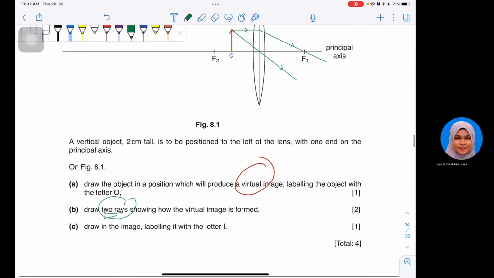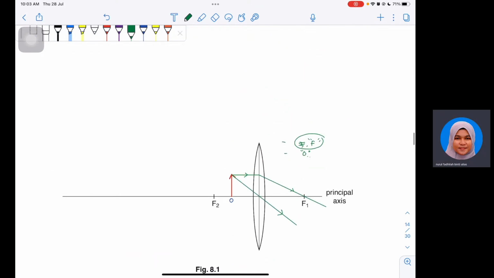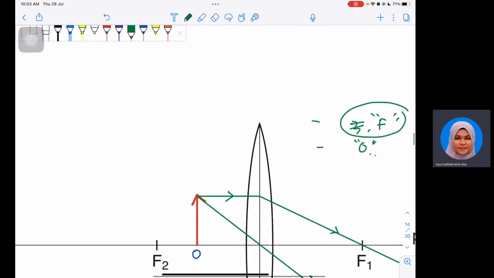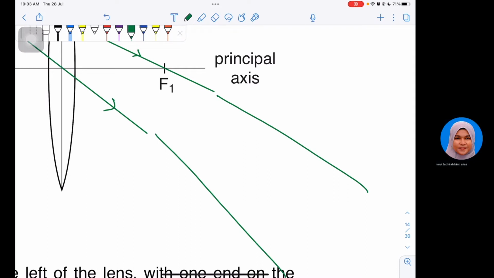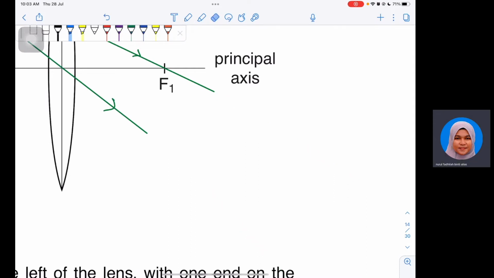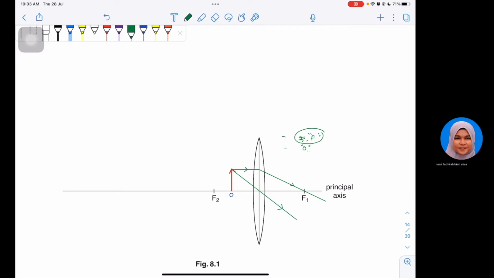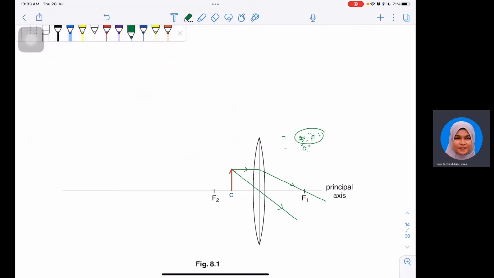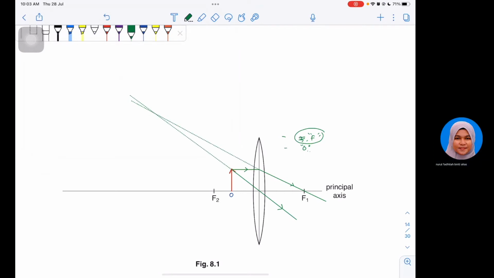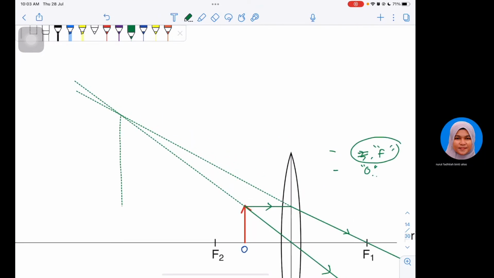Berlawan pula. Okay. So sekarang ni we want to form the image. Kita nak image tu can be drawn. Jadi kalau you sambung kat bawah ni, dia tetap akan menjauh. Will never intersect. So you wajib guna pencil and dotted line. Dotted line means, apa maksud dotted lines?